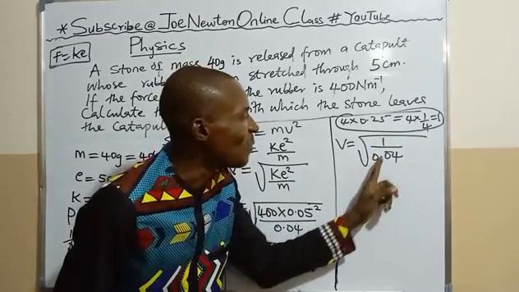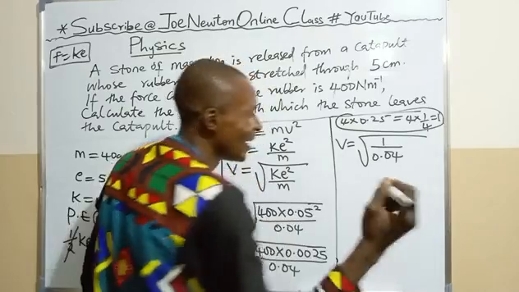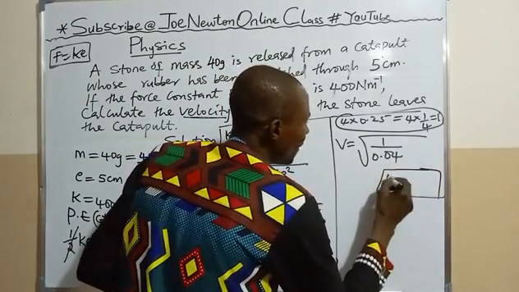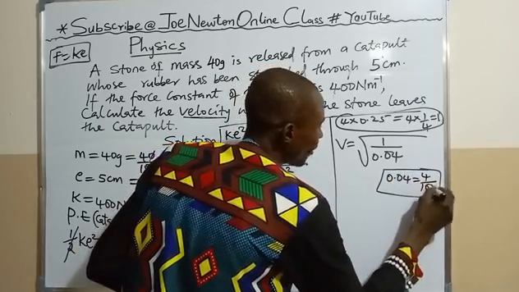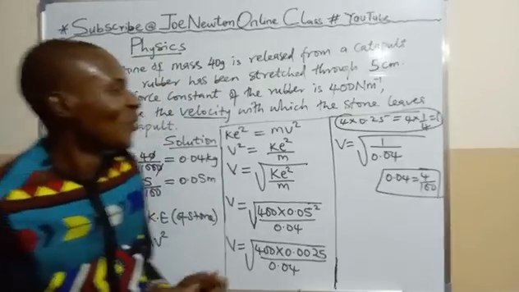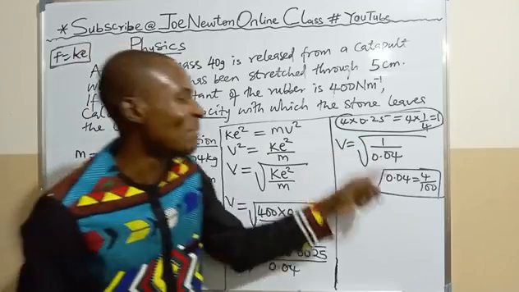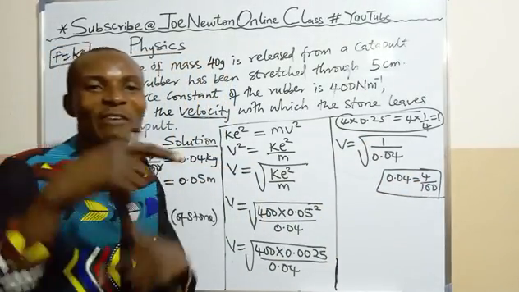Recall that 0.04 is equivalent to 4 over 100. So when you have 1 over 0.04, it's like saying 1 divided by 4 over 100, which invariably means 100 over 4.